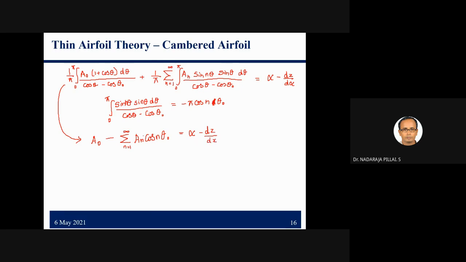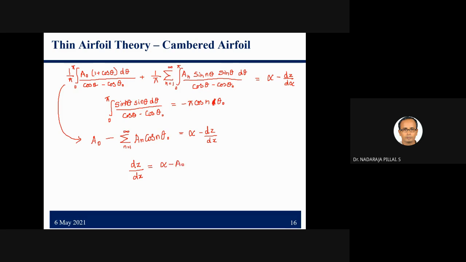So the camber line, we need to include the camber line in the equation. That is why we are doing all this discussion, right? So this equation can be written again as dz by dx. Originally, dz by dx is to find the slope of the camber, right?